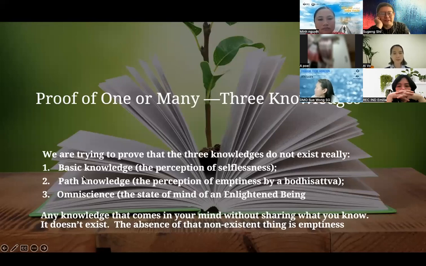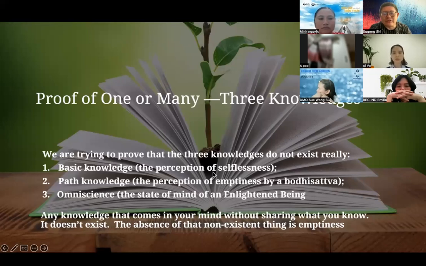So the 3 knowledges that we covered just now: basic knowledge and path knowledge. Basic knowledge is the perception of selflessness, no self, without the bodhichitta.